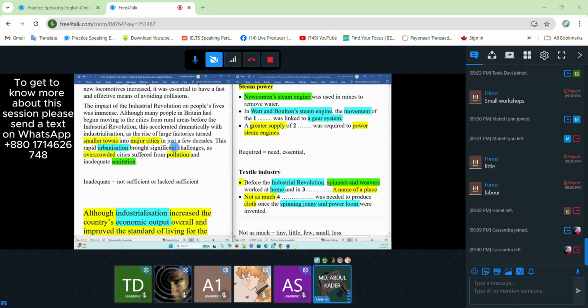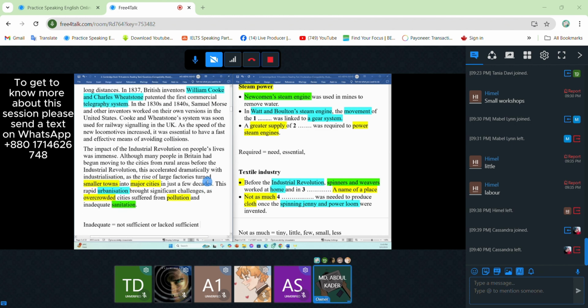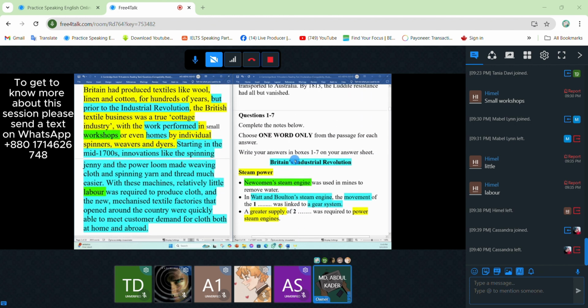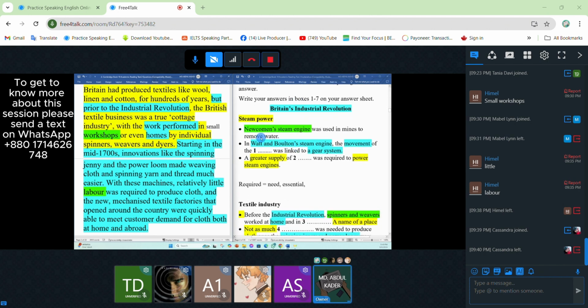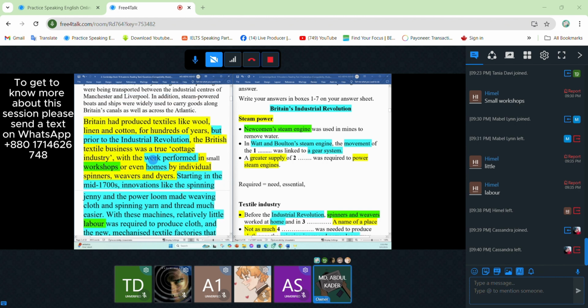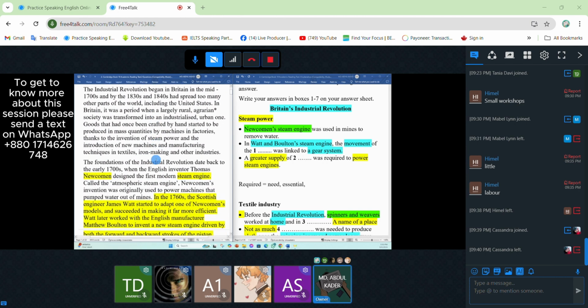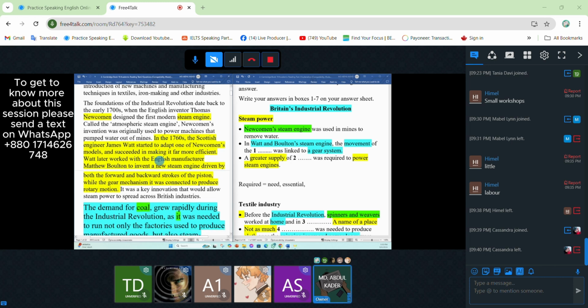Now it's your turn to learn some vocabulary from this paragraph or from this question type, complete the notes below. What kind of vocabulary are we going to have? First, a gear system means a gear mechanism.